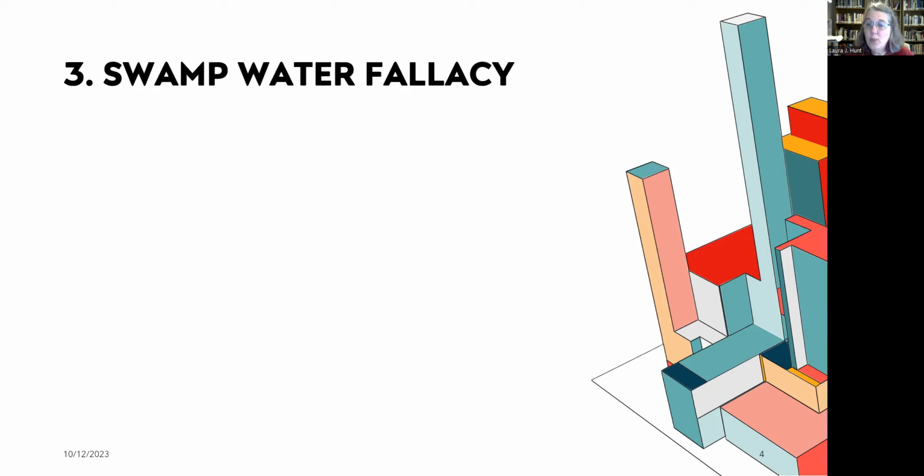And so the swamp water fallacy is taking a number of different meanings of a word or information from contexts where that word is found and suggesting that it's all relevant for understanding the word's meaning in a particular context. The Amplified Bible can lead to this kind of fallacy.